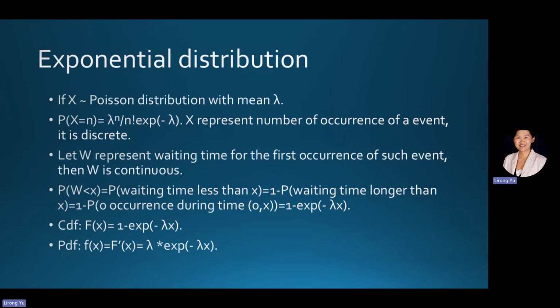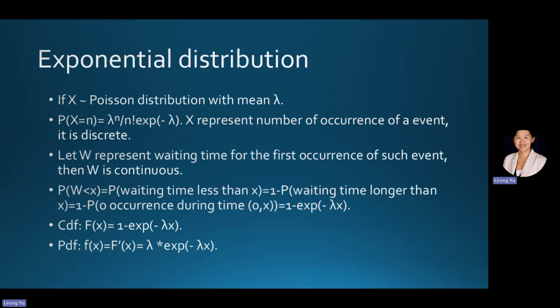The waiting time W is less than X. So between 0 and X, there's 0 occurrence. So how do we calculate the probability that there's a 0 occurrence? It will be e to the negative lambda. That was our probability, right? E to the negative lambda for the probability of 0 in the Poisson distribution.